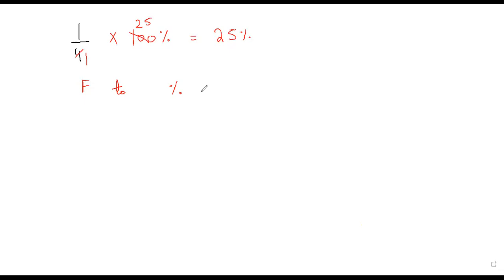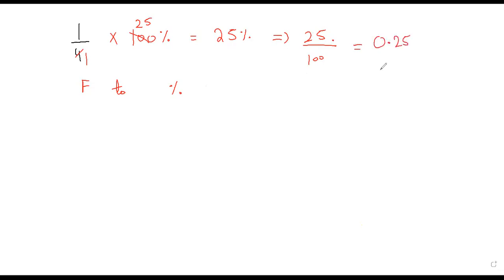So this is what I had. And now if the question is about converting 1 by 4 to decimal, since you know it is 25%, 25% can be written as 25 by 100. If you have 100 in the denominator, your decimal would move 2 places to the left and it would become 0.25.